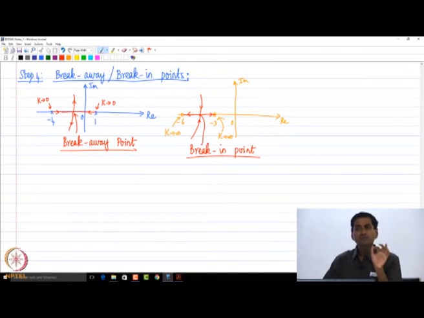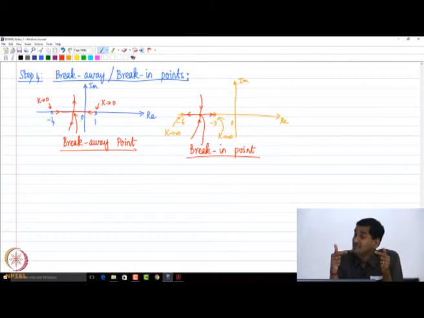But what is one unique feature about a breakaway or a break-in point? Doesn't matter whether you are considering a breakaway point or a break-in point, what really happens at that point? Two branches intersect. So at the same value of k, what can you say about the closed loop poles? Each branch of a root locus indicates the locus or trace of a closed loop pole, as k goes from 0 to infinity for us.